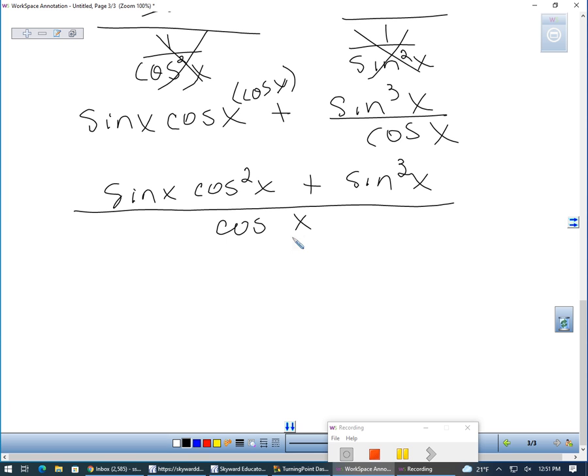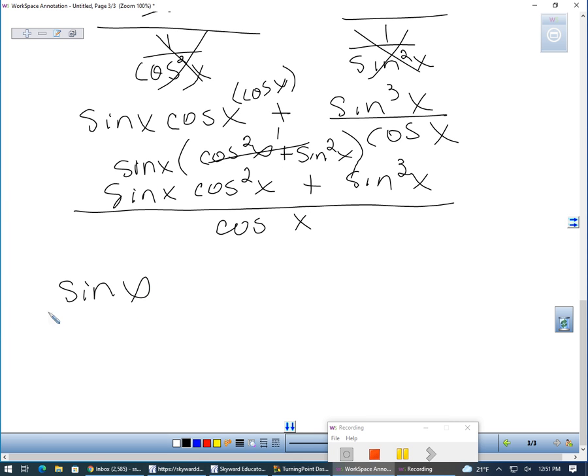That leaves me with cosine squared x plus sine squared x, which equals 1. So all I have left now is sine x over cosine x. And what is sine x over cosine x? It is tangent.